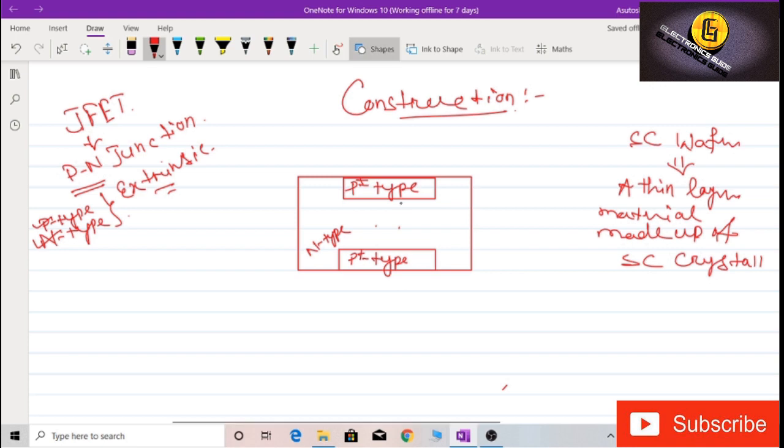The next step is to grow a metallic contact in this region and also this region.